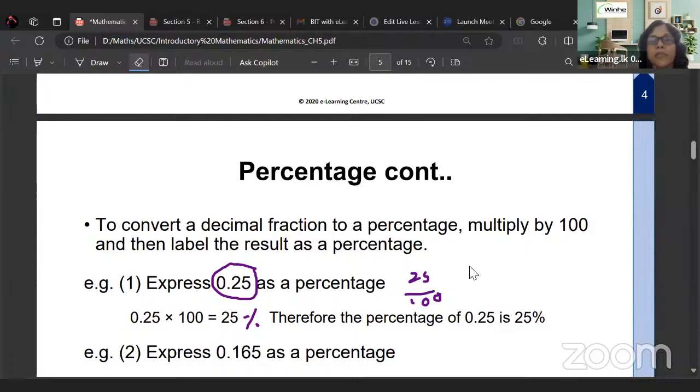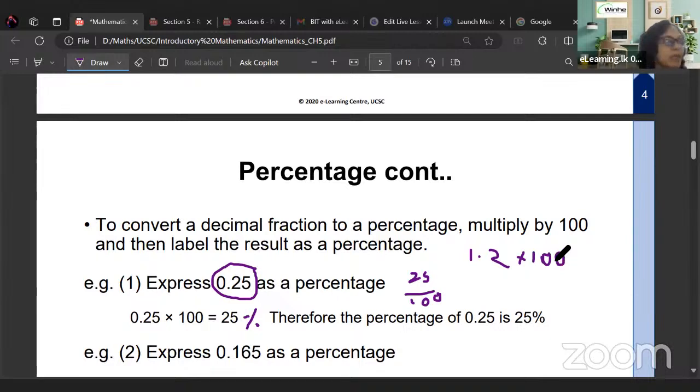Then if the number is 1.2, what is the percentage? Since you are going to find out the percentage, multiply it by 100.